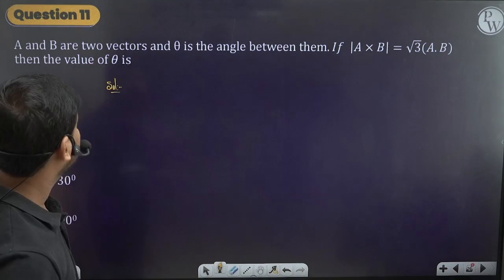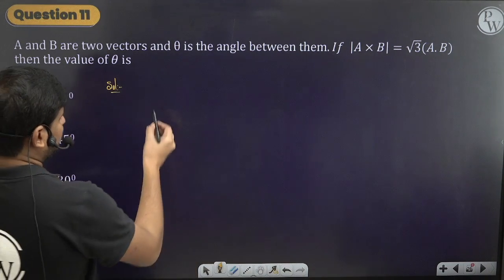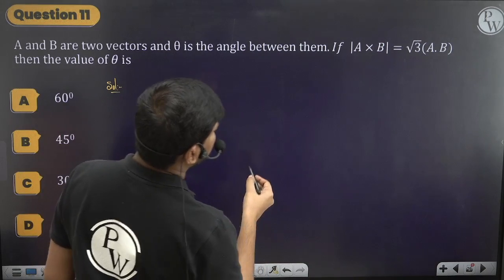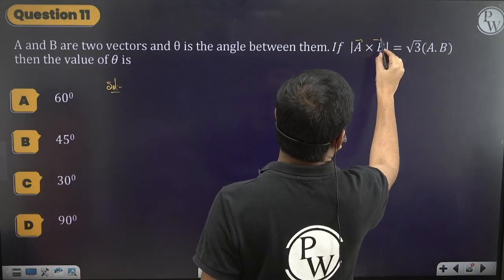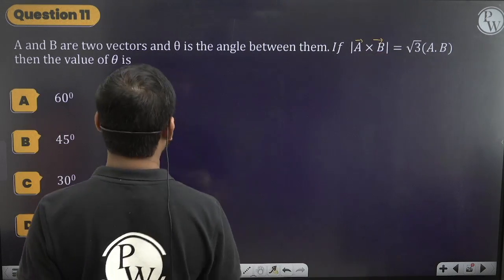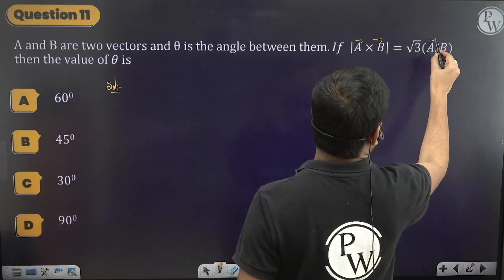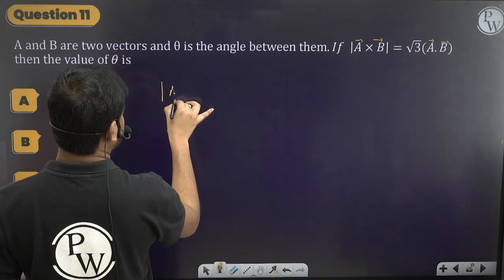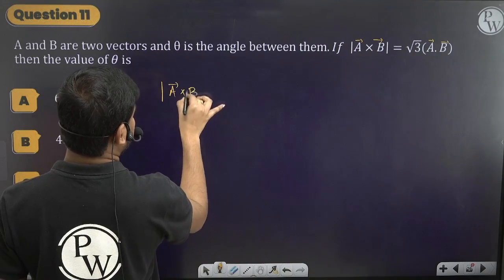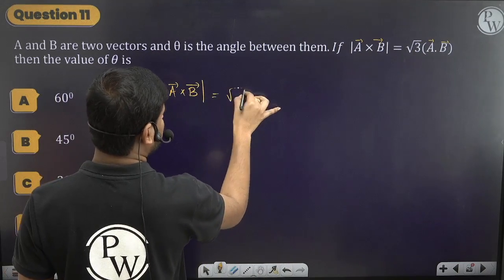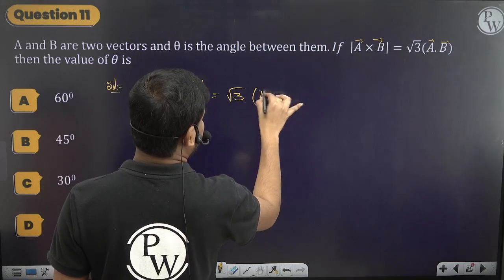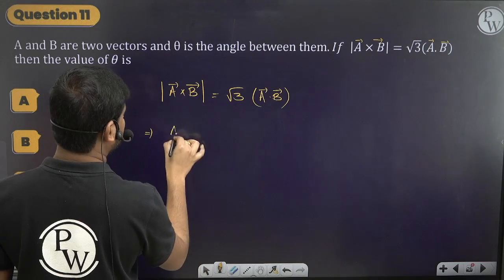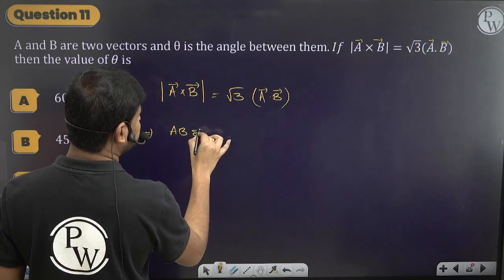Question number 11. A and B are two vectors and theta is the angle between them. The magnitude of A cross B is equal to root 3 times A dot B, vector A dot vector B. So what is the value of theta? The magnitude of A cross B is nothing but AB sin theta, only magnitude they are asking.